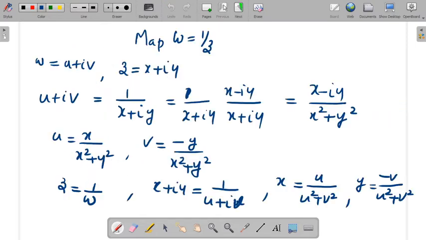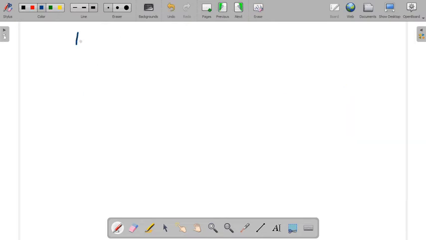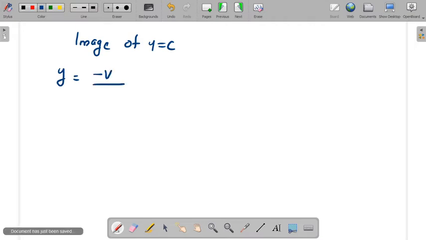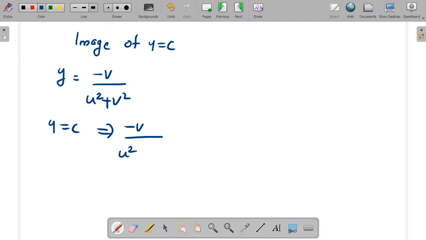Now let us find the image of y is equal to c. To find the image of y equal to c, we know y is written as minus v divided by u square plus v square. So y equal to c implies minus v divided by u square plus v square equal to c. That is u square plus v square plus cv equal to 0.